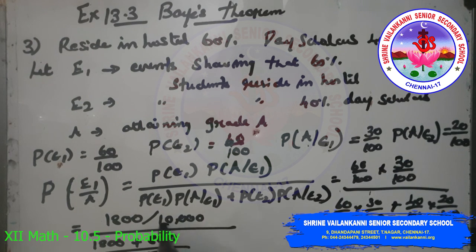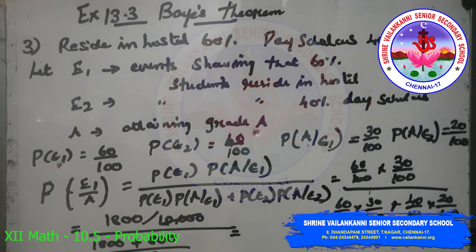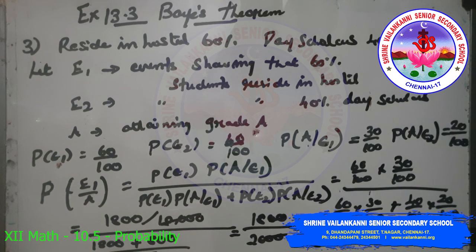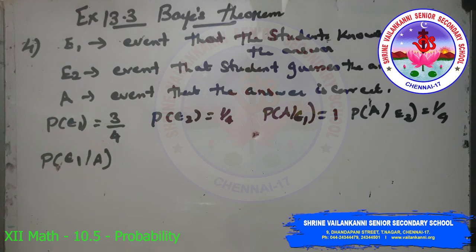So cancelling 10,000 we get 1800 by 2600. Cancelling this you get 9 by 13. So required probability is 9 by 13. So required probability is P of E1 by A.